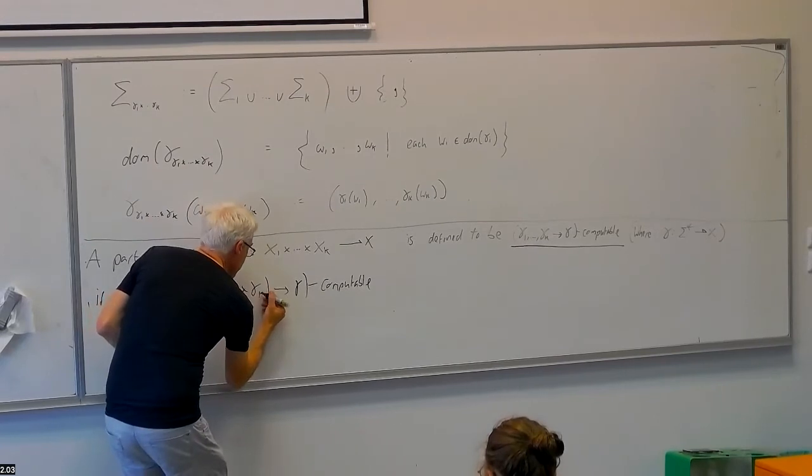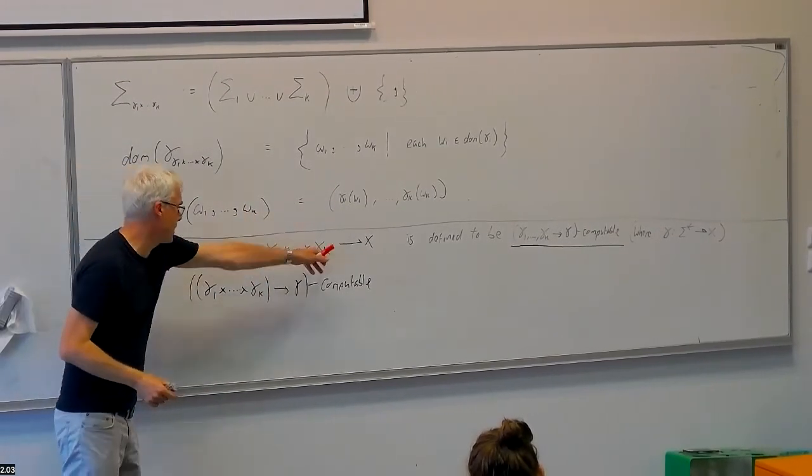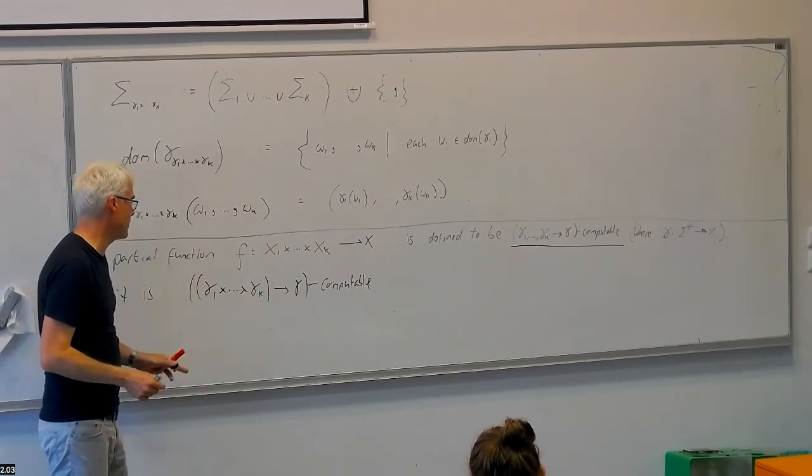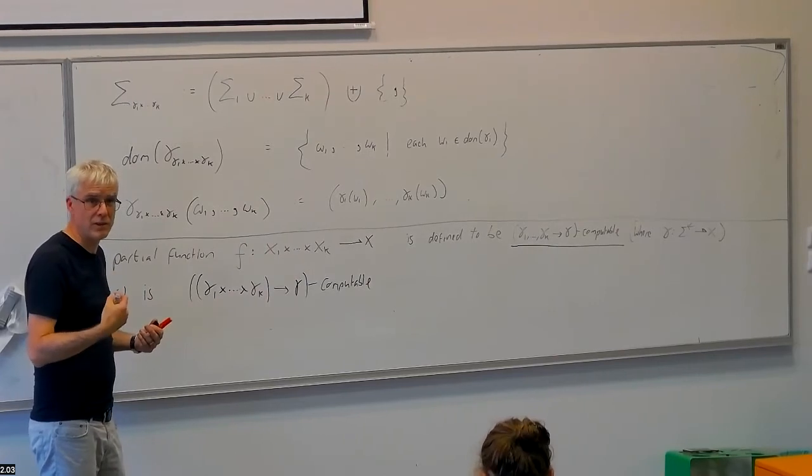This was supposed to be K. And the point is, I'm defining a notion of computability for a function in many arguments, using the notion of computability for a single argument function between two represented sets.